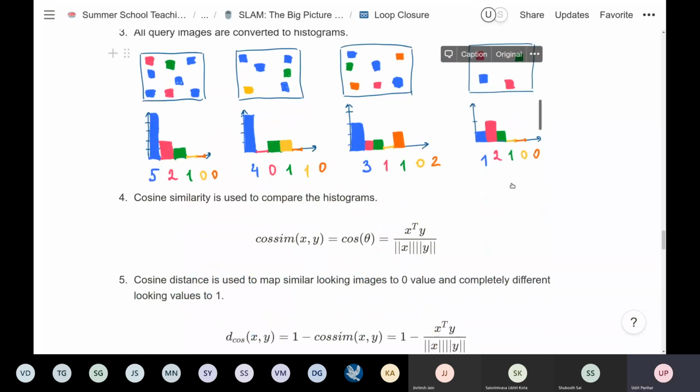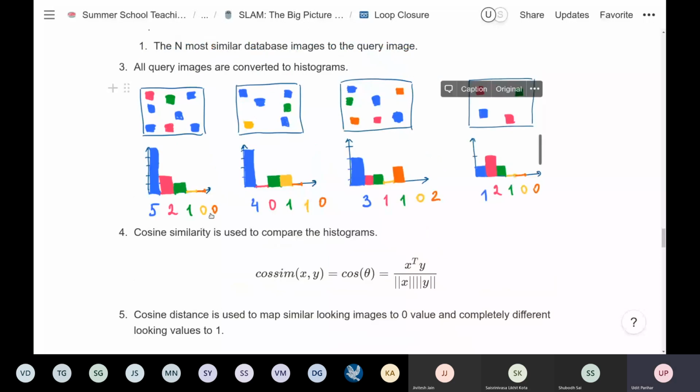Now how are we going to compare these histograms? Once you use these histograms, you will get a feature vector. Like 5, 2, 1, 0, 0 will describe this whole image, and 4, 0, 1, 0, 0 will describe this image, and similarly these vectors will describe these images.